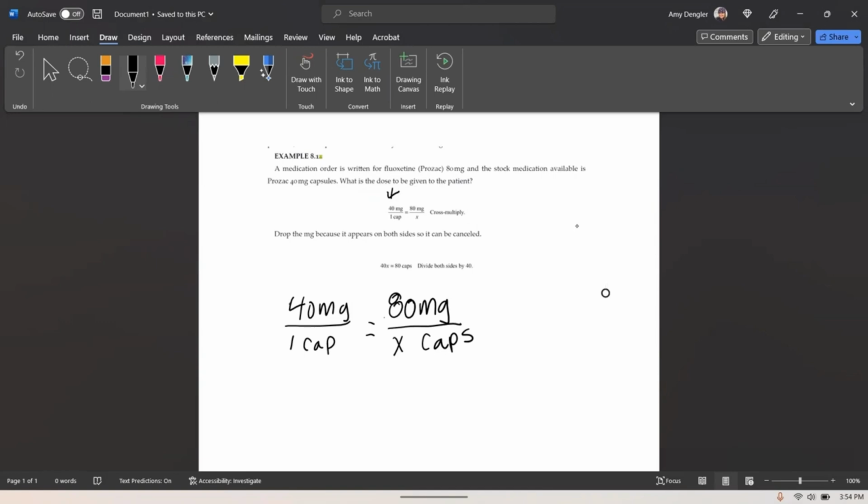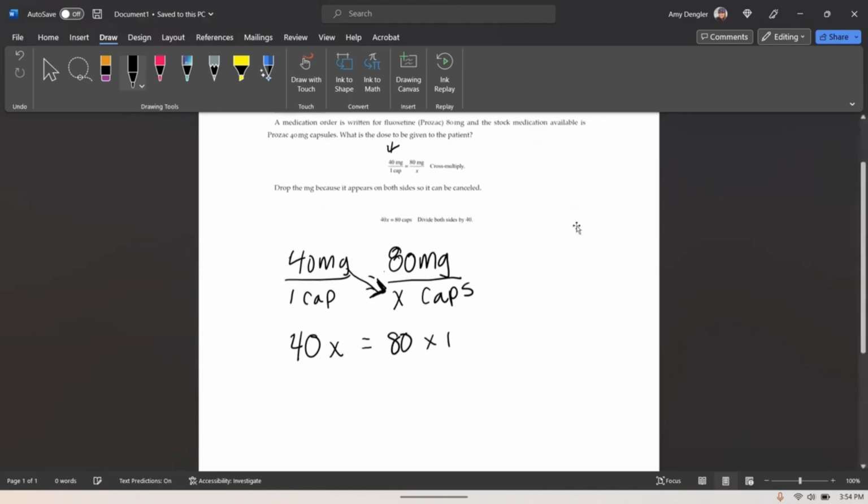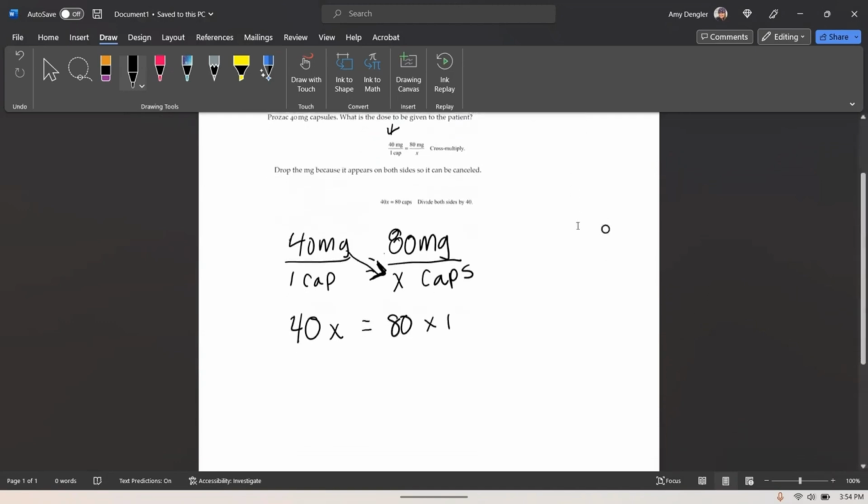All right, so we are going to do exactly what they do and put 40X, and we get that by cross multiplying. So we have 40X is equal to 80 times 1. And they don't have the 1 there because it's just going to be 80. So that's what we would eliminate here.